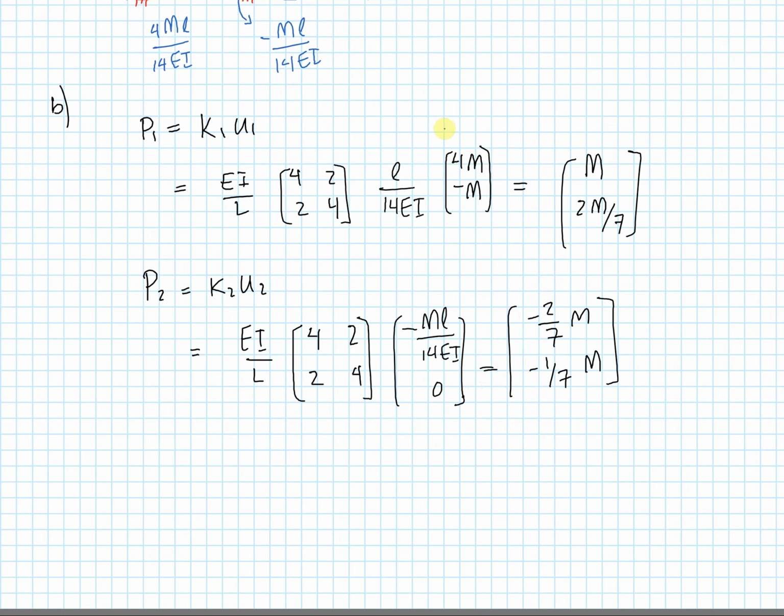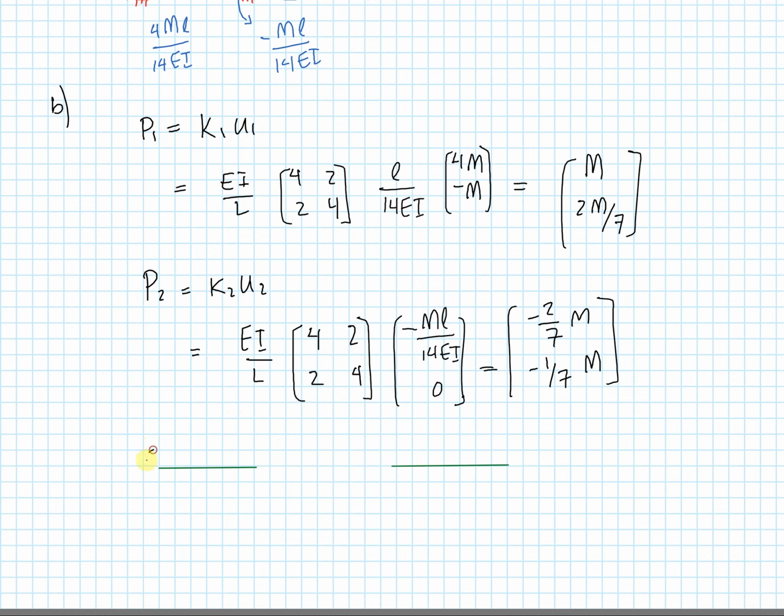So if I drew free body diagrams of my local elements, I would have the following condition. So I got a beam that looks like that, and the second one that looks like that. And this time I'm going to draw my forces at the ends of these beams.